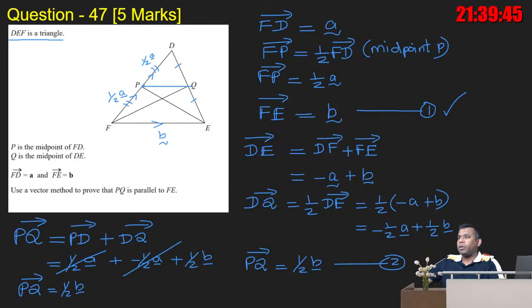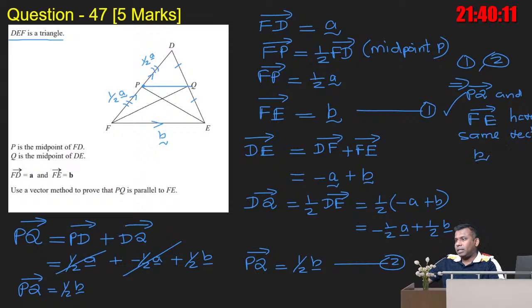Now I can conclude, 1, 2 gives PQ and FE have the same vector component, same vector, right? So B vector and half B vector.